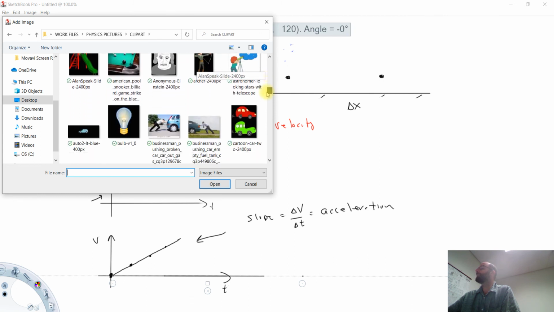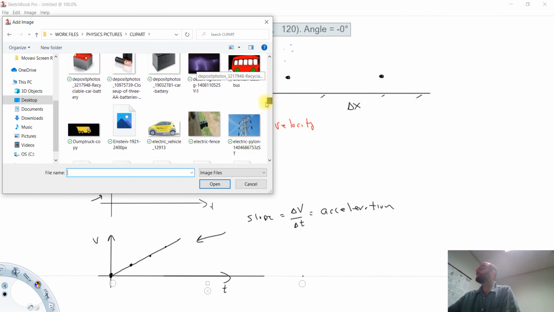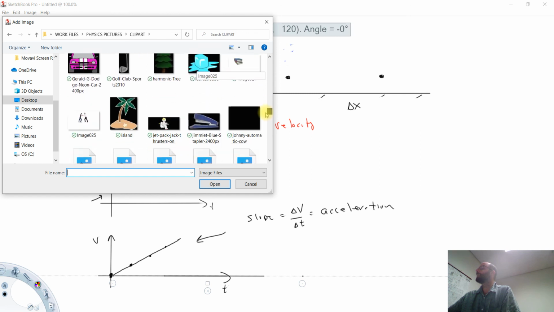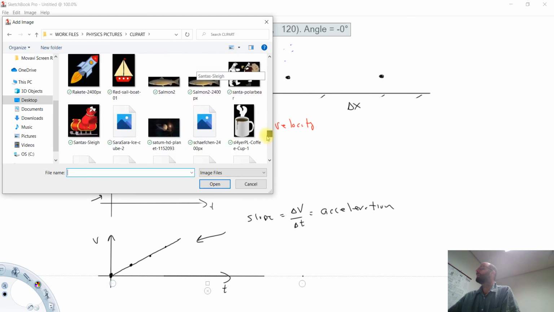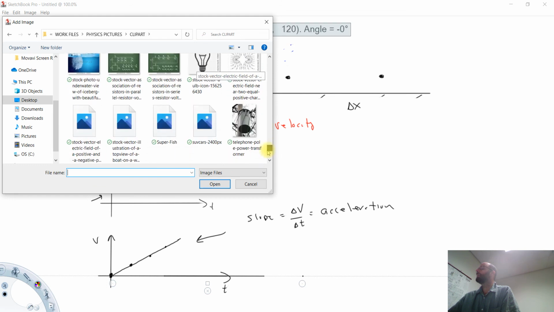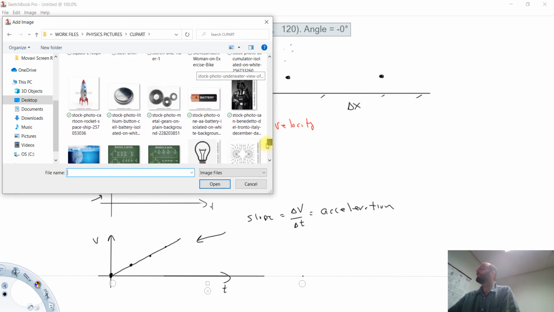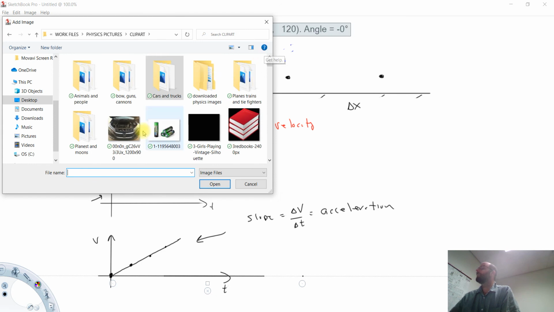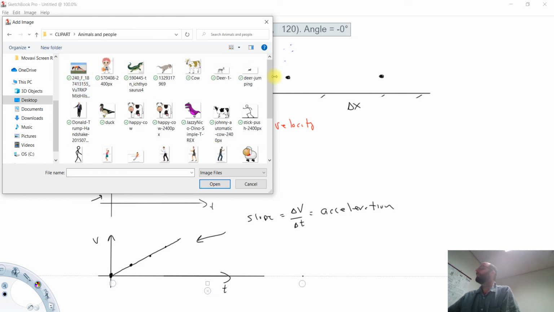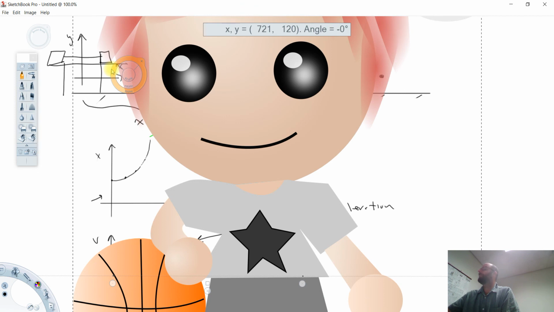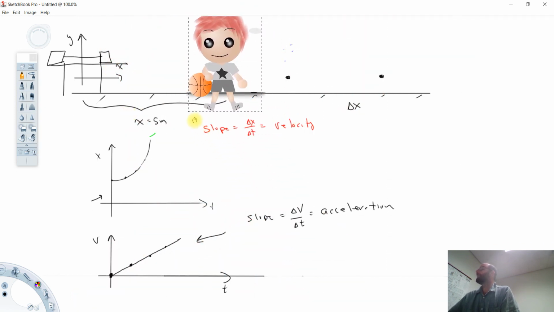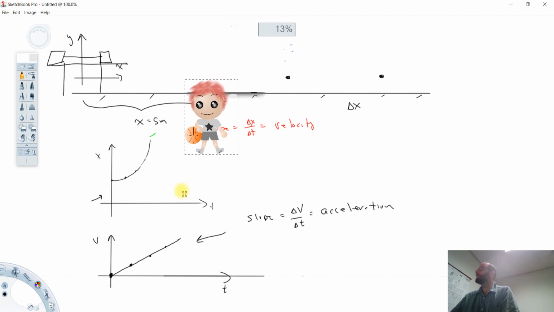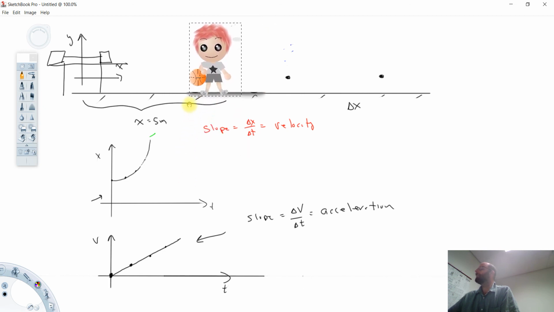I use Timmy a lot in my pictures. Timmy, where are you? There's Timmy there. Giant Timmy. Now, I say Timmy, this is going to be you folks, a physics student, without the basketball.